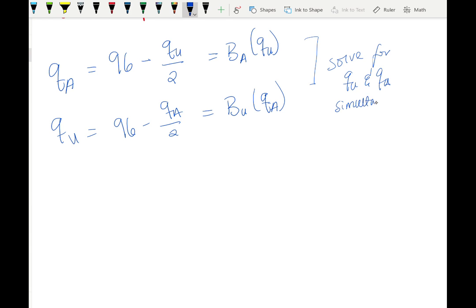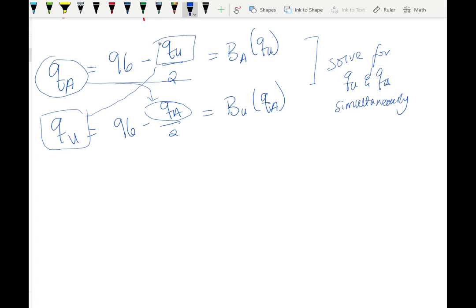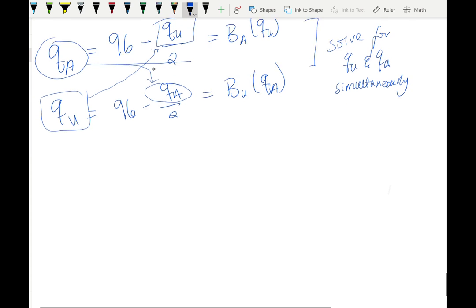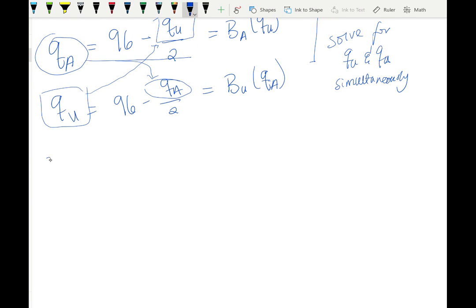We have two unknowns, two equations, we can do that. We can either place what we've defined QA as in here, or we can place what we've defined QU as in here. Let's go with replacing QU. So we're solving for the Cournot equilibrium.